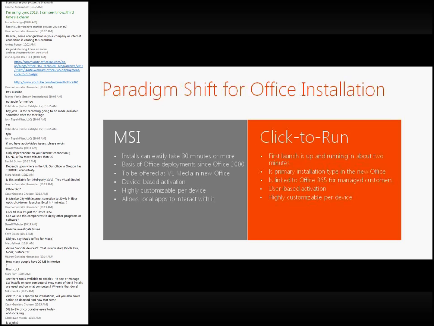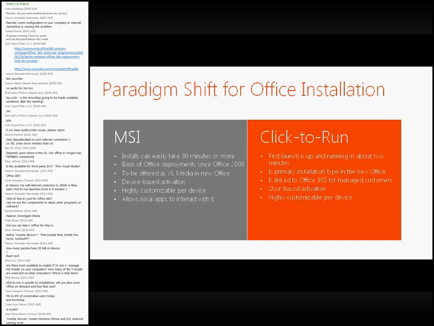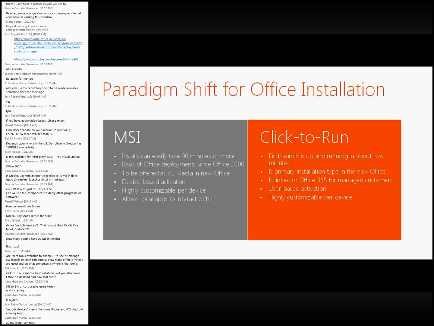Right? So the challenge with using application virtualization, and Click-to-Run is based on App-V, or application virtualization technology, is that application virtualization is purposely isolated from other applications and isolated from the operating system to prevent any app-to-app conflicts. But that purposeful isolation prevents integration.